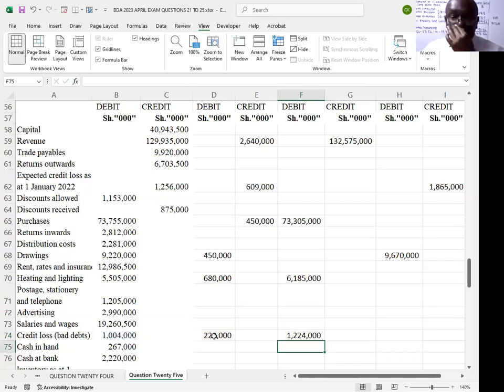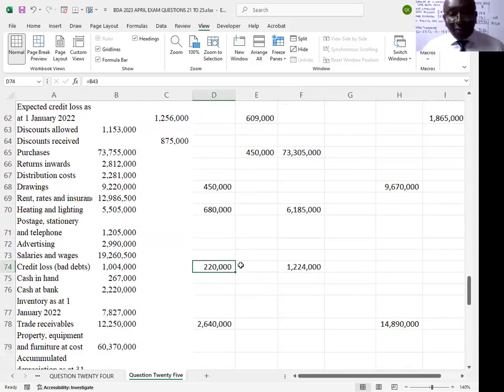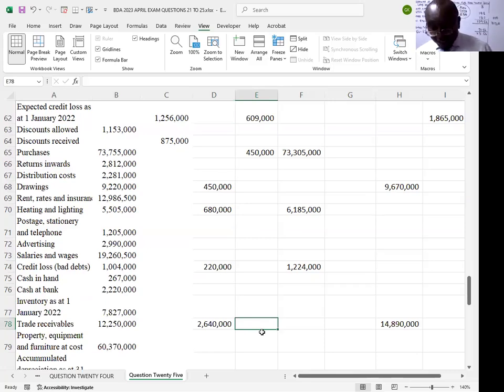Yes, that's the amount. Then this one, because it will come to reduce the receivables, we can either create an independent line or come and bring it where we had the receivables. You see these receivables, this one. So instead of creating an independent line, we can bring it here equals this one.